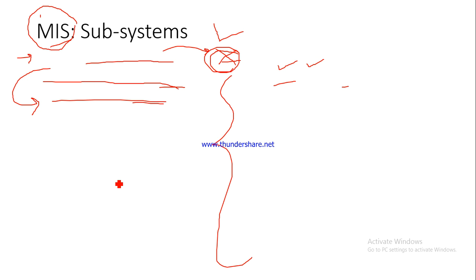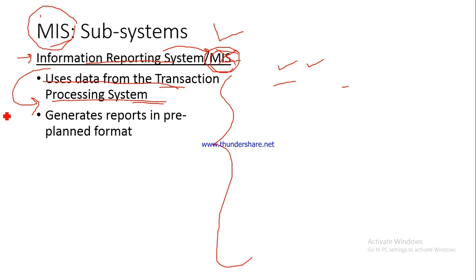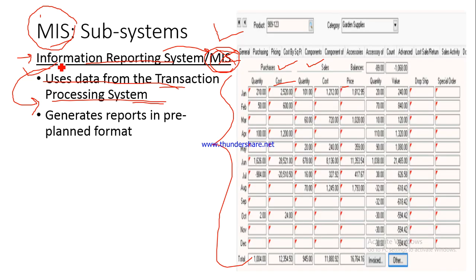Because from the data collected in the transaction processing system, we can generate these summary reports, or this information reporting system can operate, right? And this is how basically the managerial personnel would be using the summary report generated through the information reporting system for controlling and managing the organization, right?